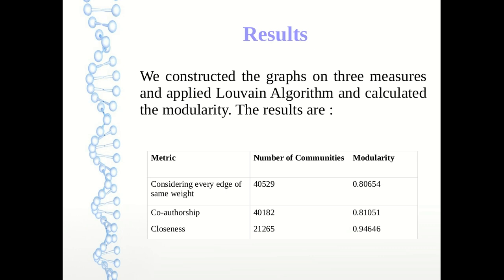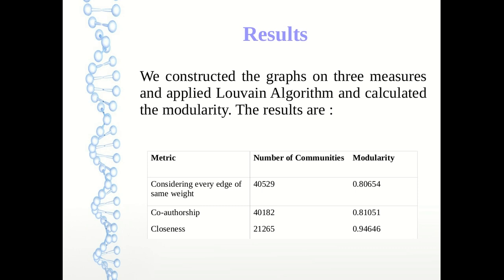The results which we found upon applying the Louvain algorithm on the three graphs which we had constructed, and finding the modularity on those graphs, were as follows. Considering that each edge has the same weight, we found 40,529 communities with modularity of around 0.8056654.